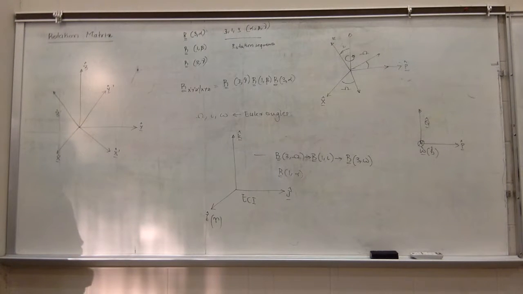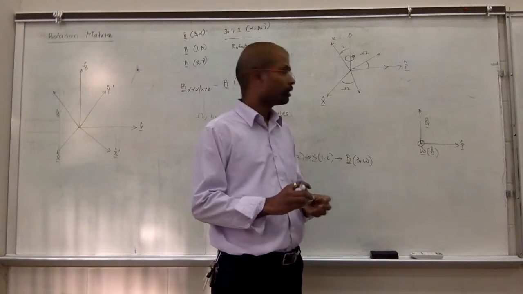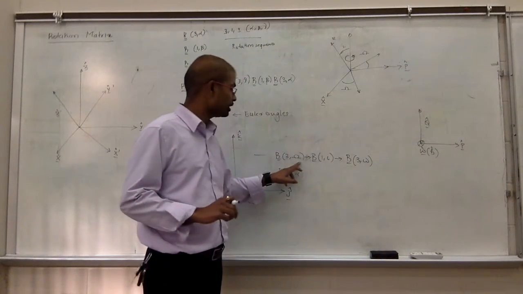Questions? Yes, Nick? My question is, are all the angles set values, or are they angles that just come? It depends on what orbit you're talking about. Every orbit will have these.